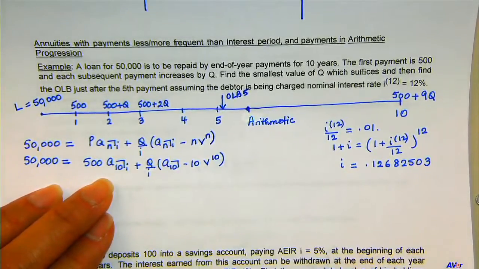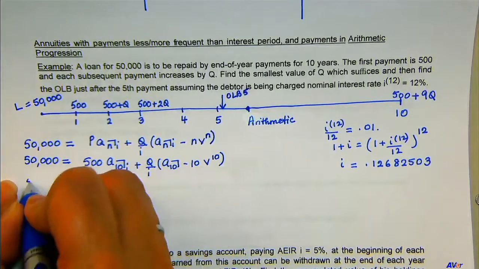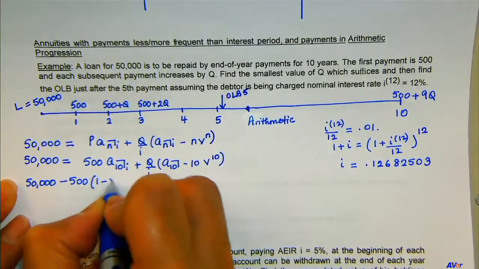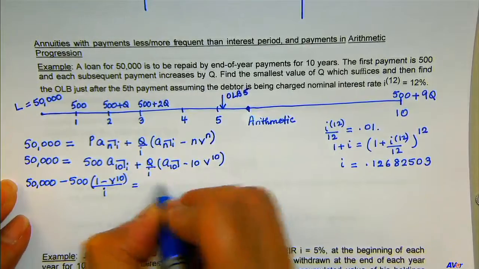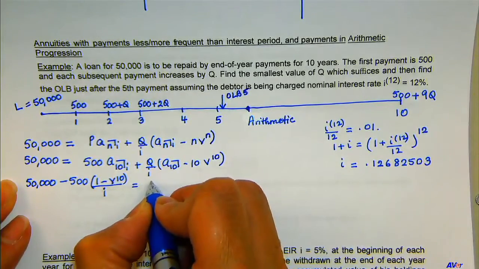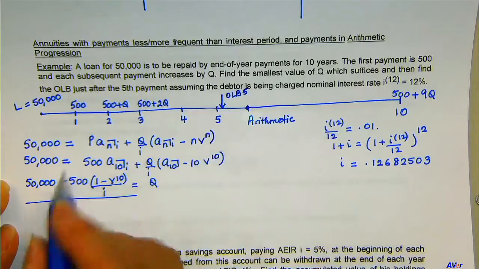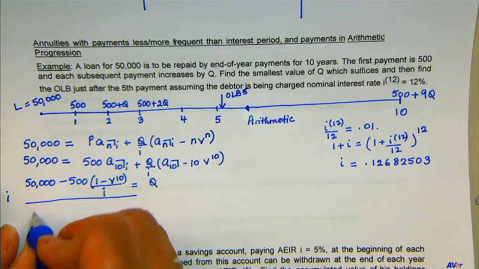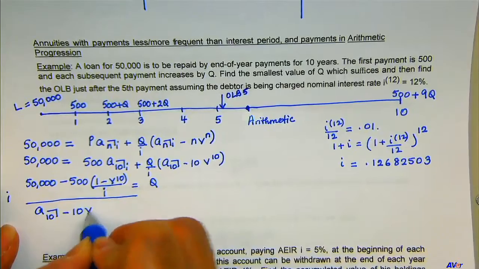I have to solve for Q. So let's bring this mess to the other side. 50,000 minus 500 times 1 minus V to the 10 over I equals Q, and let's then divide by this term right here: I times A angle 10 minus 10 V to the 10.